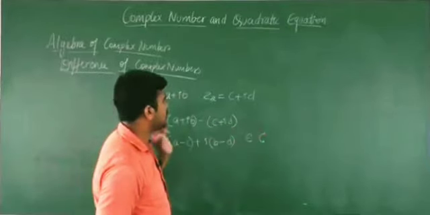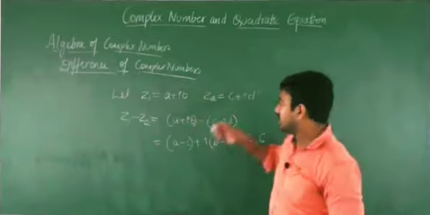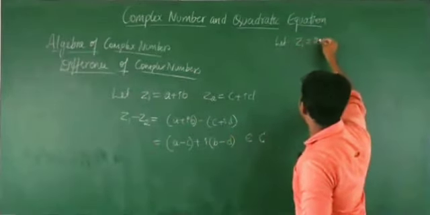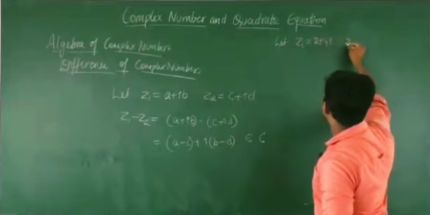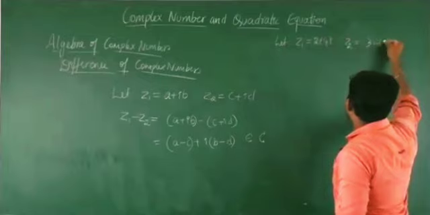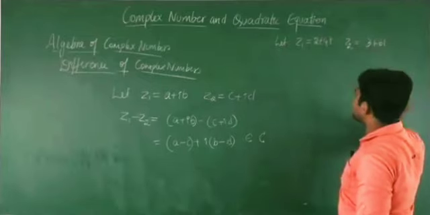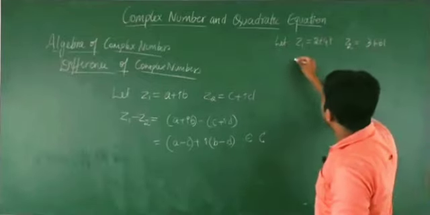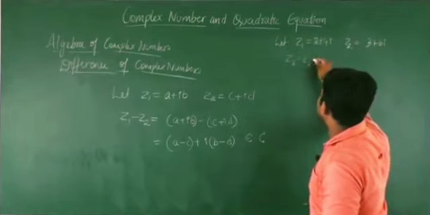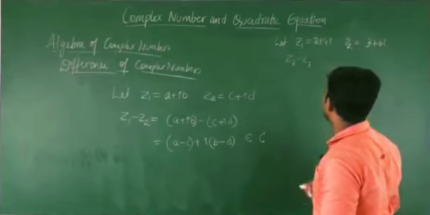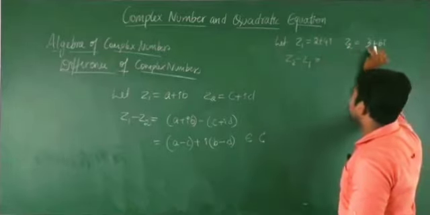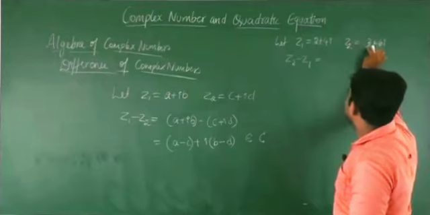See, for example, if you consider two complex numbers like z1 is equal to 2 plus 4i, z2 is equal to 3 plus 6i. Now, I need to get the subtraction of this, okay, z2 minus z1 I need. Okay, what is z2 minus z1 will get? See, real part of the complex number is here 3 and here 2.